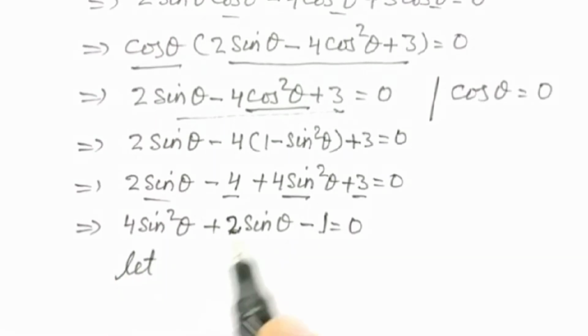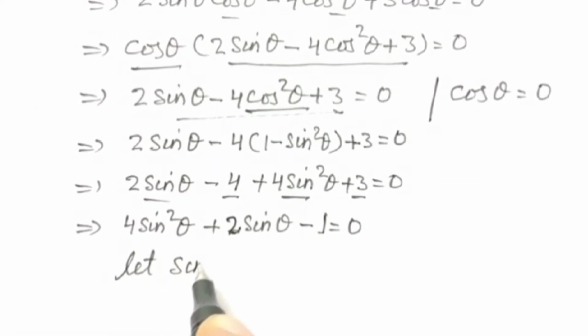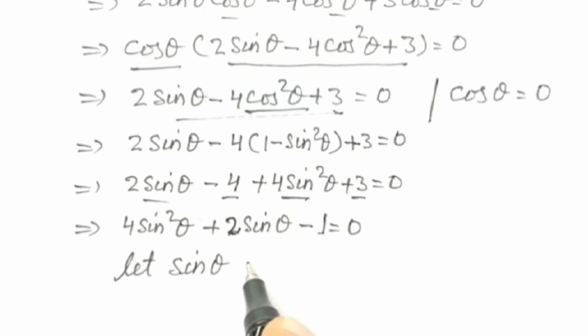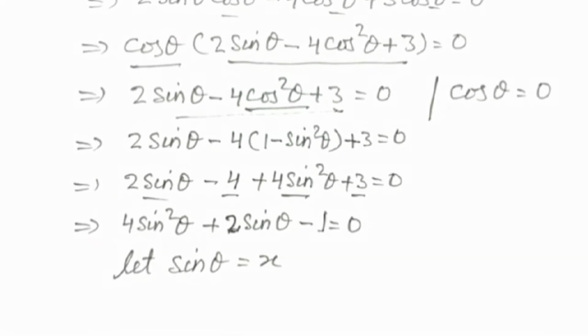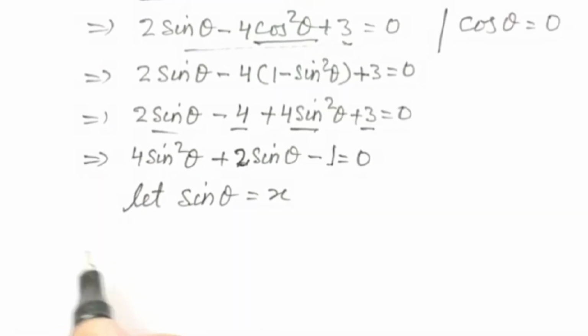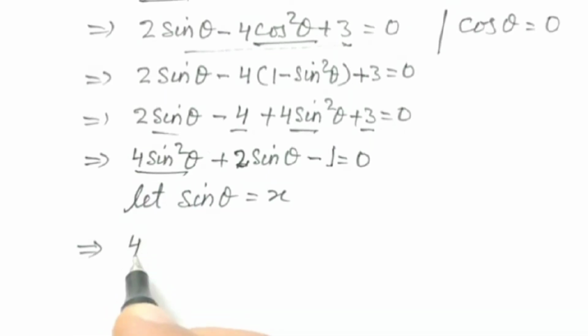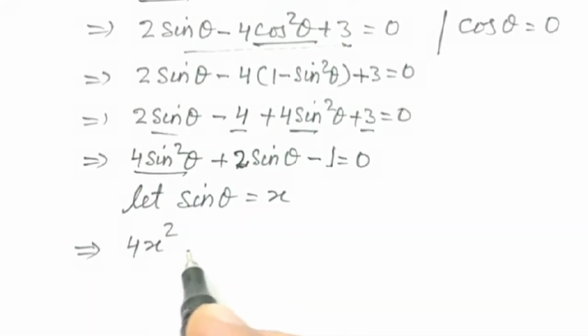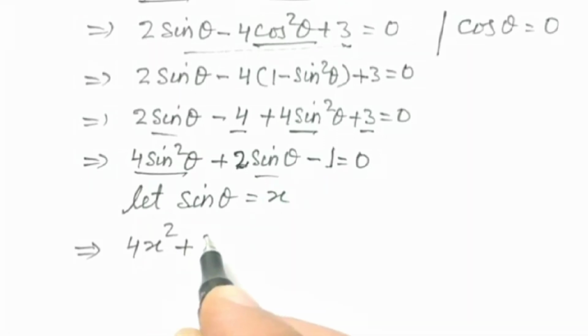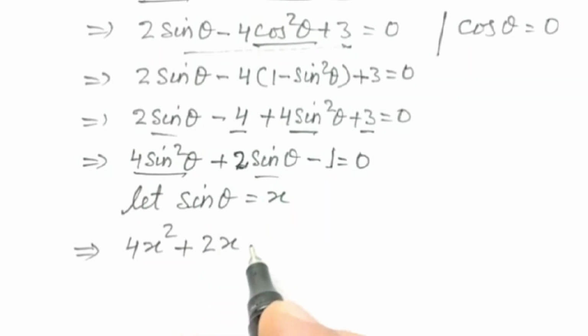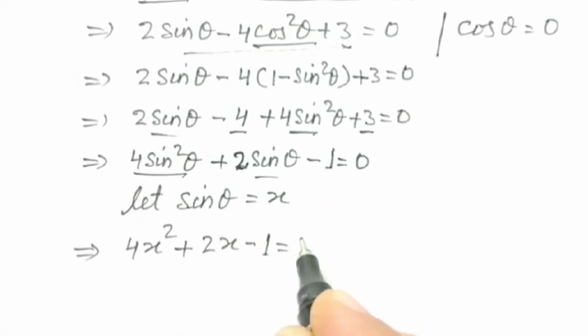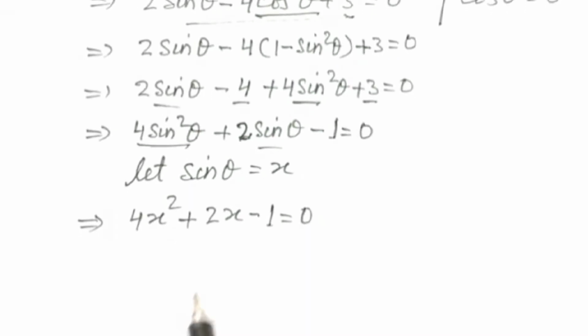Let sin theta be equal to x, fine? So this is 4x square plus 2x minus 1 is equal to 0, right?